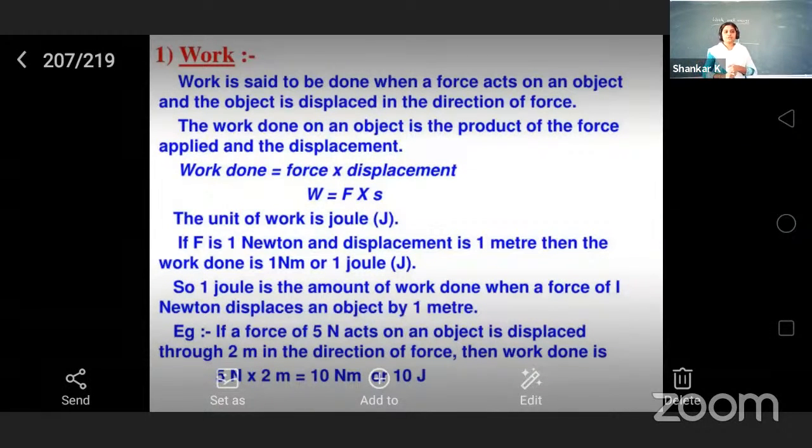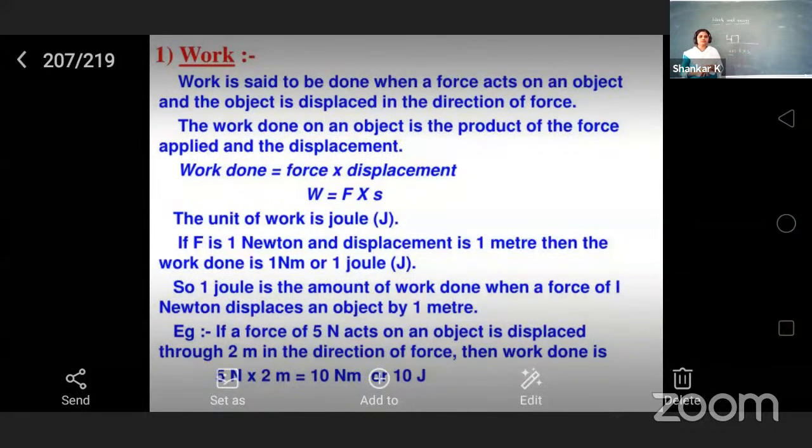So with this we say that work done on an object is the product of the force applied and the displacement, which means distance. So we consider it as W is equal to F into S. W means work, F means force and S means displacement.